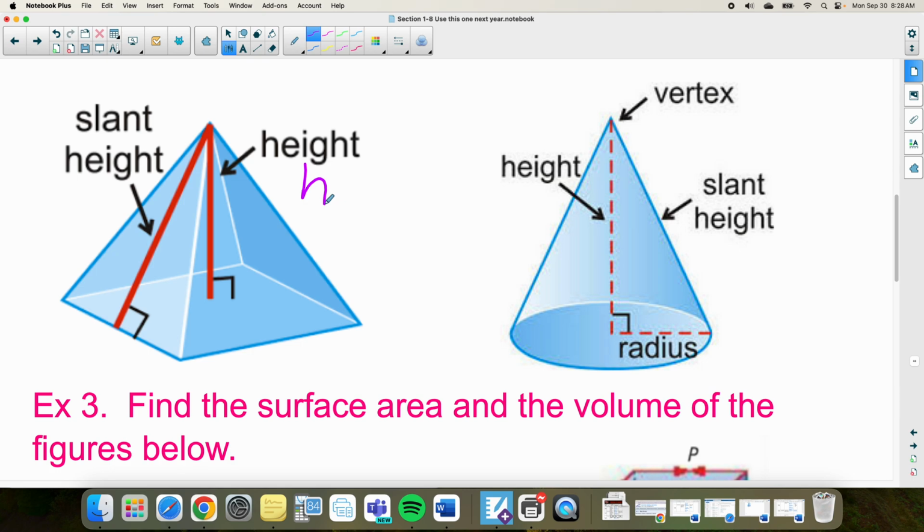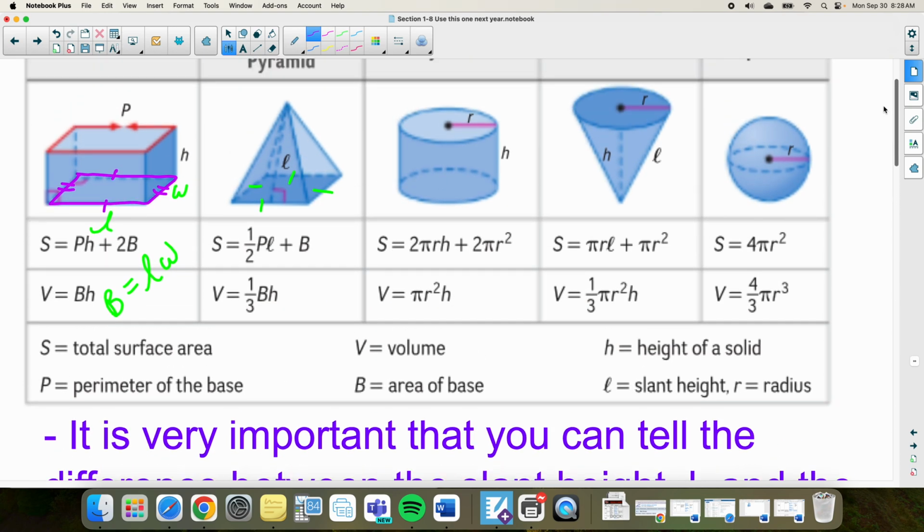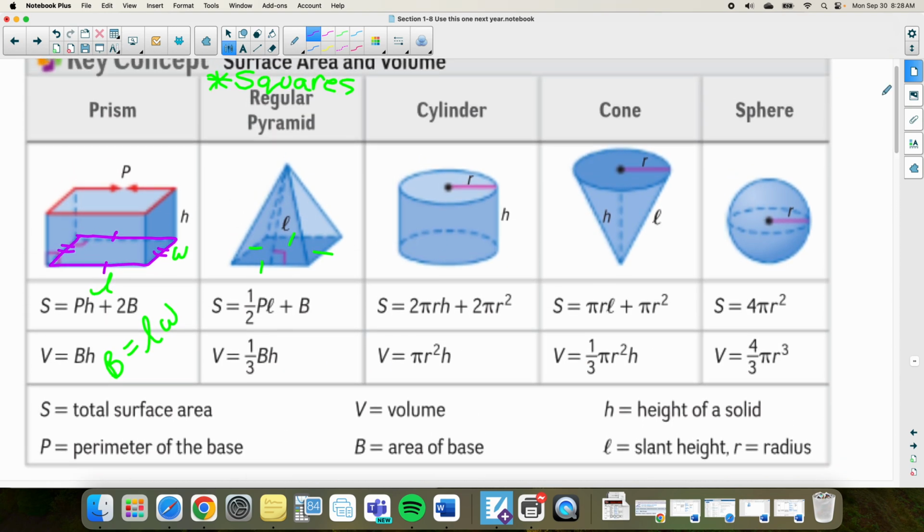It's right on that face, and that one is slanted, and we call that a small cursive L. P again is just going to be 4 times whatever your side is, and then B. So in this one, you can really think of these 4 as all equal. So your perimeter you could think of as 4 times that side, and your base you can do side squared or side times side.